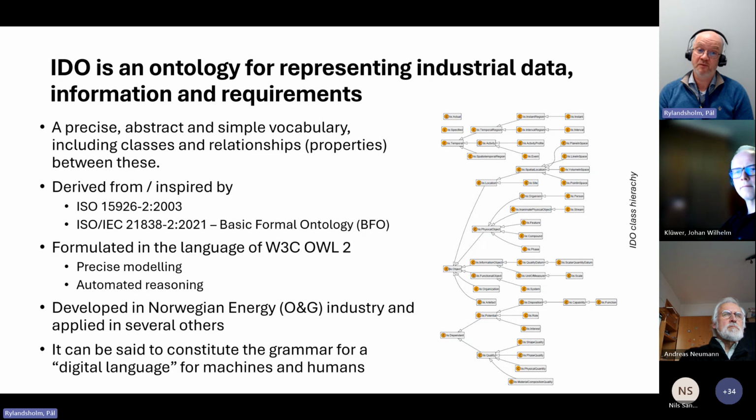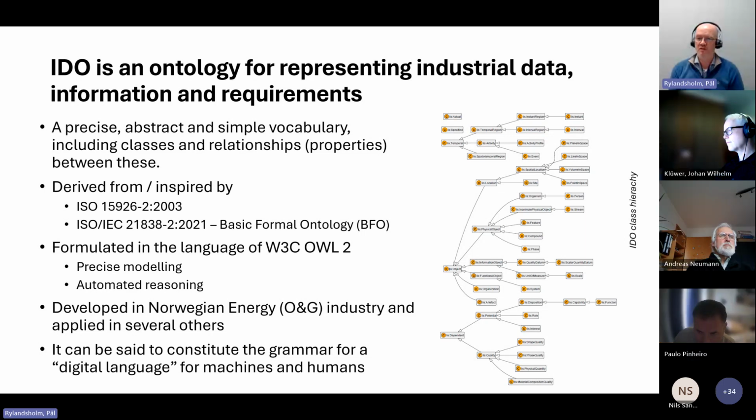It was initially developed in the Norwegian oil and gas industry, but it is now applied in others. Some say, and I think that's probably a good analogy, that it constitutes a grammar. Remember the pyramid: the grammar for the digital language, both for humans and machines to understand in the end.